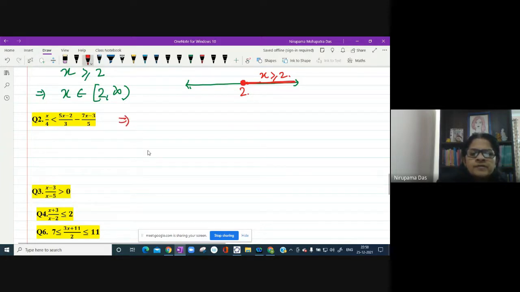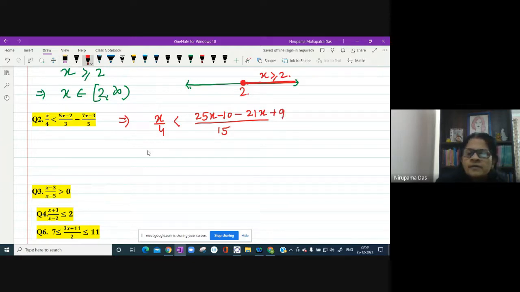So this implies x by 4 is less than, I'm simplifying the RHS, 5 into 3, 15. Then you are getting 25x minus 10 minus 21x plus 9. Normal simplification. So this implies x by 4 is less than (4x minus 1) by 15.